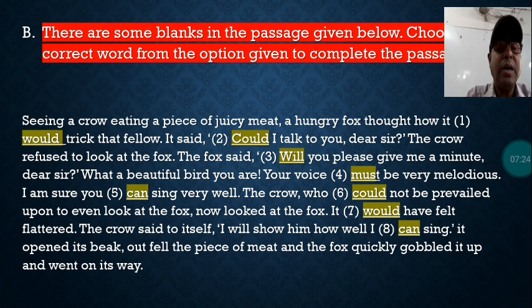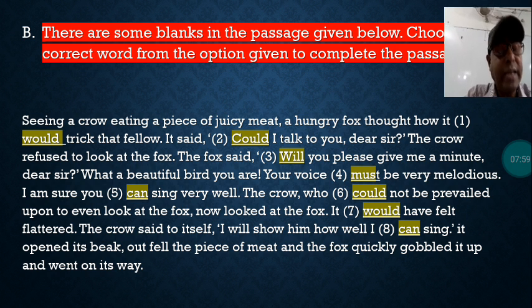Out of can, could and would, it will be would. It said, could I talk to you, dear sir?